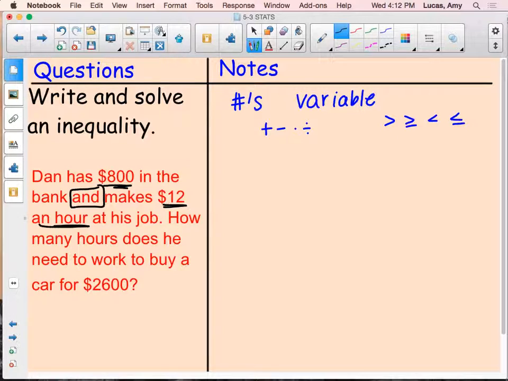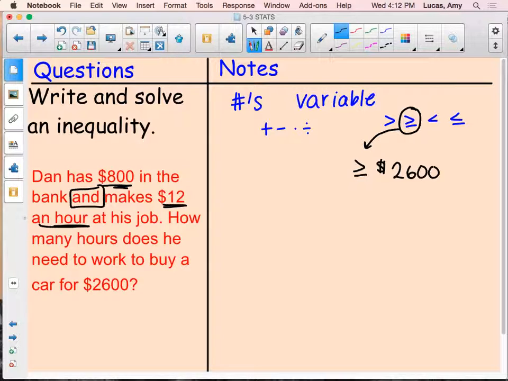Okay, so if he wants to buy a car that's $2,600, he is going to have to have at least $2,600 to buy that car. So I'm going to pick this symbol, greater than or equal to, because if he had less than $2,600, he can't buy it. If he has greater than, he can buy it, but we don't know. It just says that he needs $2,600, so I think it could be equal to $2,600 as well.